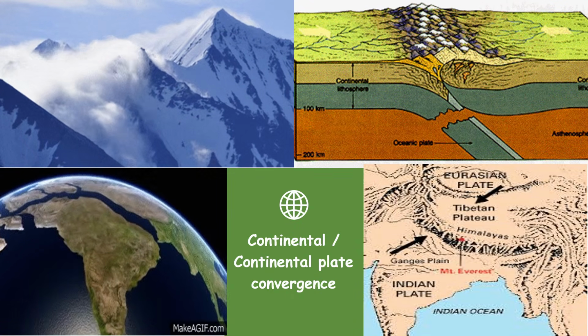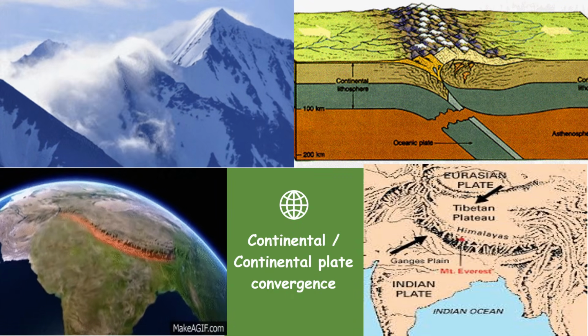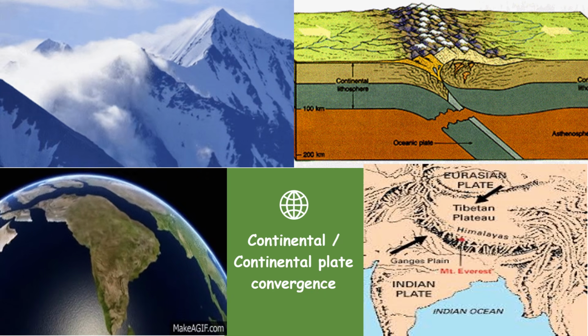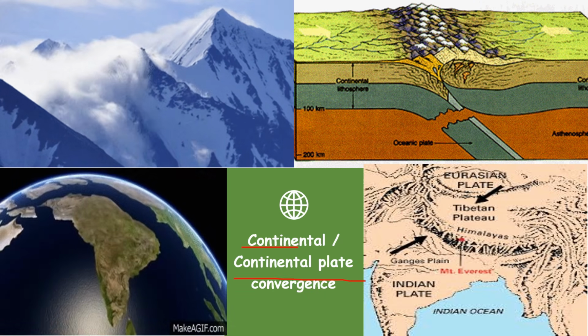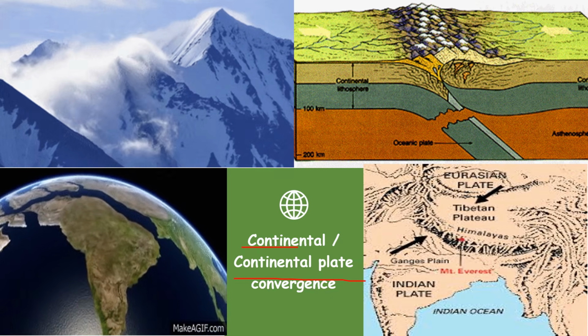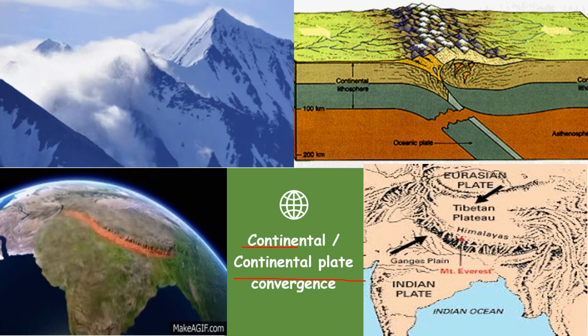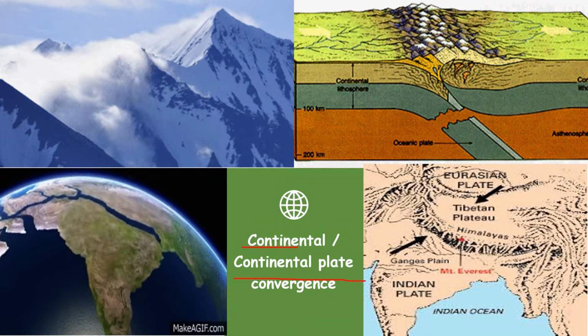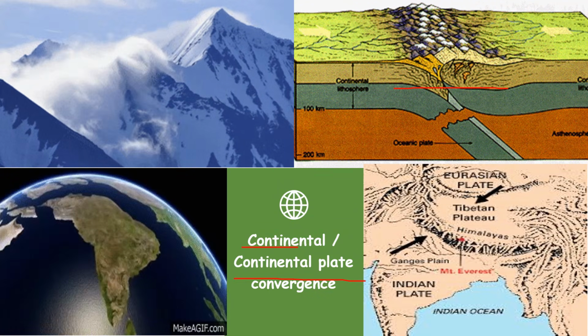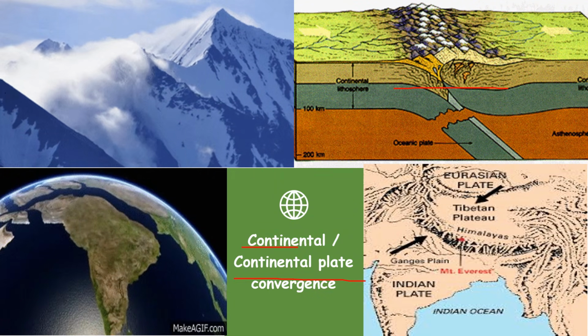Yung panghuling klase ng convergent boundary is between continental at saka continental plate. Now, this is very much different with the two kasi dito walang nagaganap na subduction. As you can see, two continental plates are parehong dense sila.